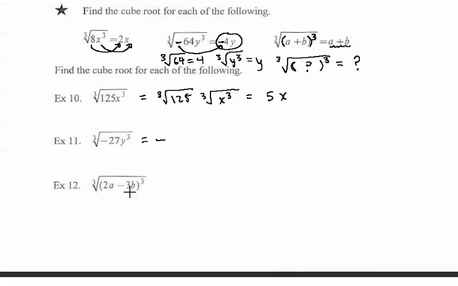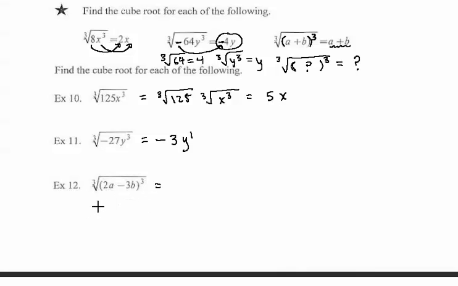The negative, we can simply just take it out of the radical and put it in front. A cube root of a 27 is 3, and then the cube root of y to the third would just be a y. You can think of yourself as dividing this exponent 3 by the root number 3, and what you get is a 1. So on the outside, we write y to the first power. Or you could just simply write a y.